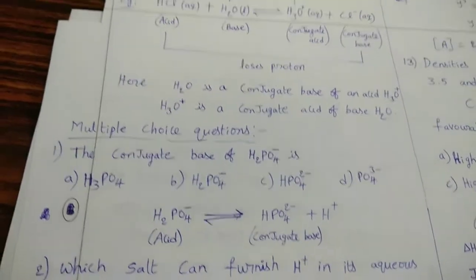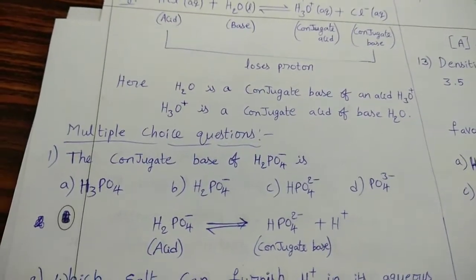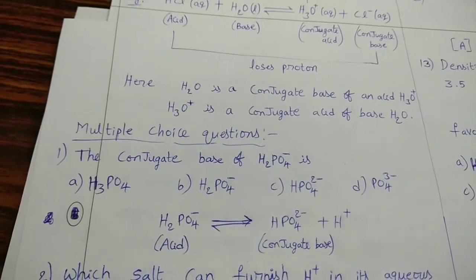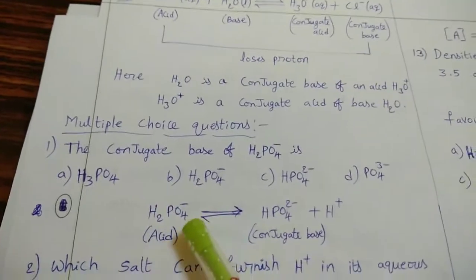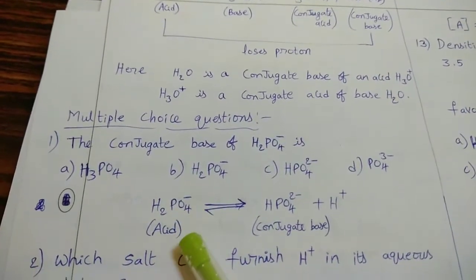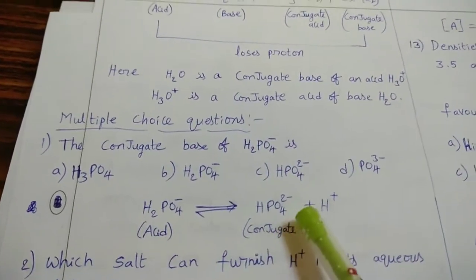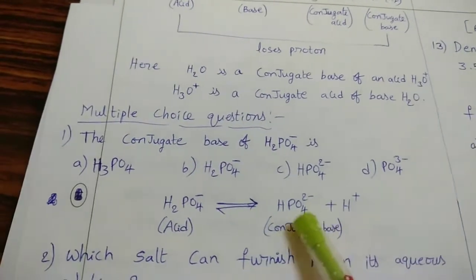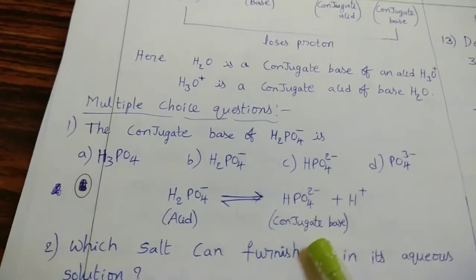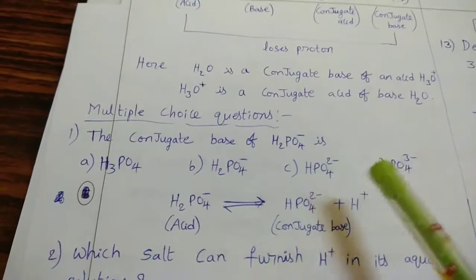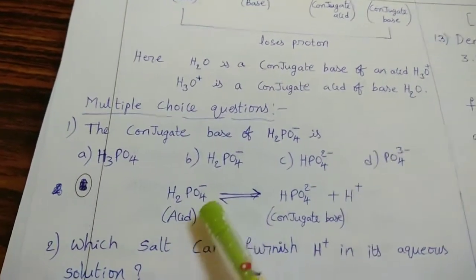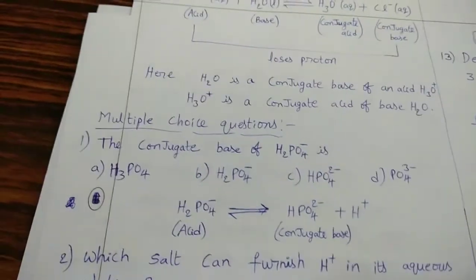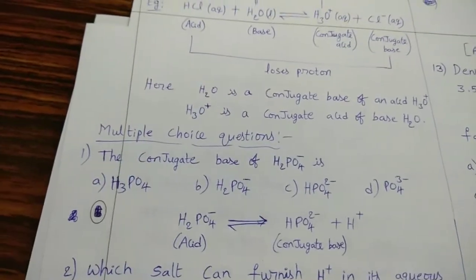See the reaction: H2PO4 minus gives rise to HPO4 2 minus plus H plus. This ion donates a proton, so it is an acid, and after donating, the remaining species is HPO4 2 minus. This is the conjugate base. What is the suitable option? Option C is the answer. For this type of question, find the answer carefully.